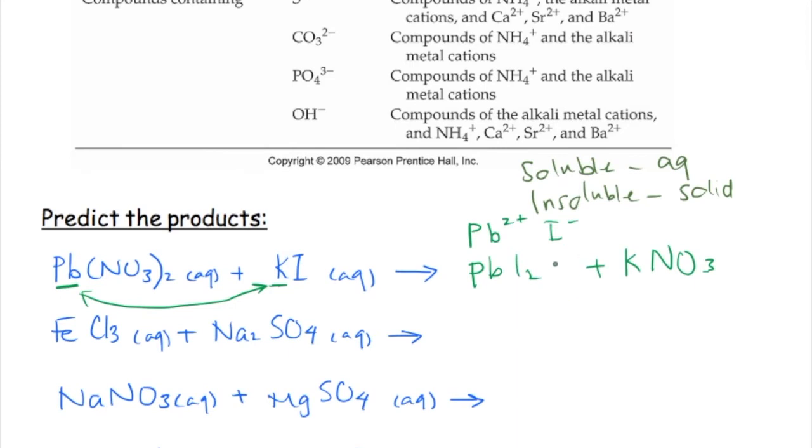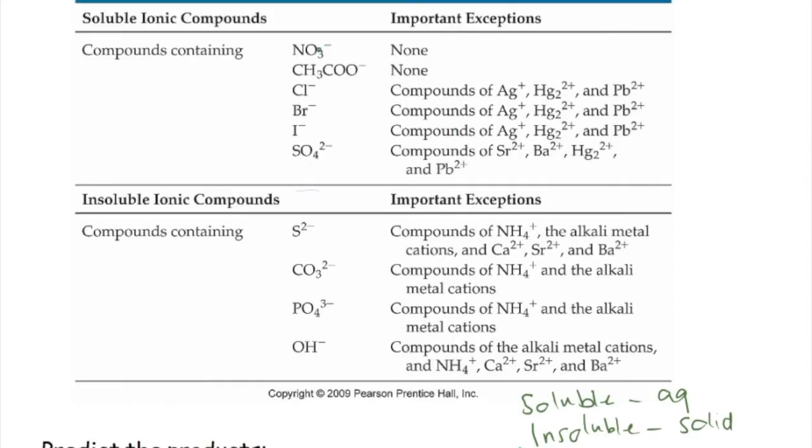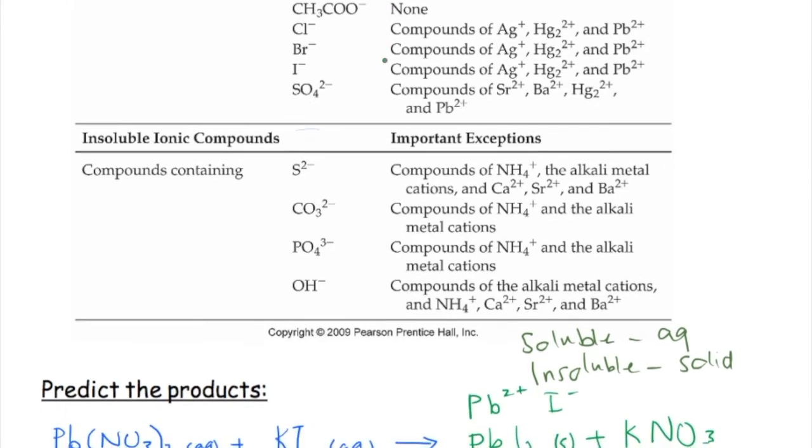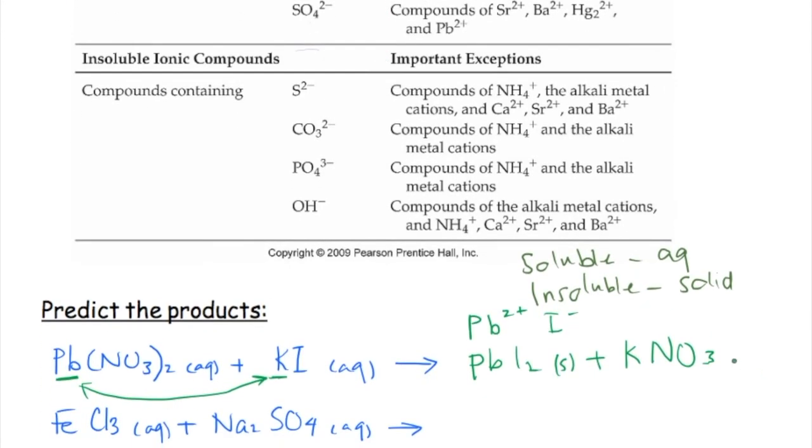Because of that, we're going to write an S here since this is insoluble. And KNO3, anything with NO3, as you see here, NO3 is a soluble anion. Anything bound to it with no exceptions will be soluble, which means we can write AQ here. Now, did a solid form in this reaction? Yes. That means this reaction did take place.